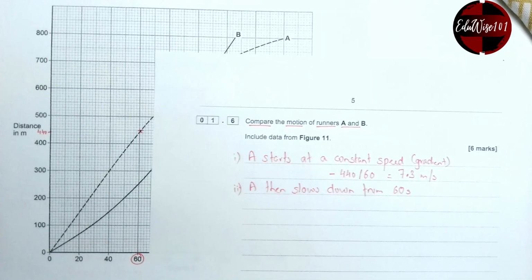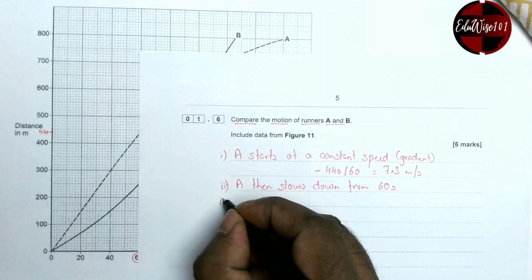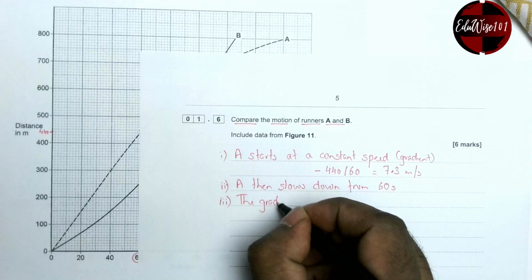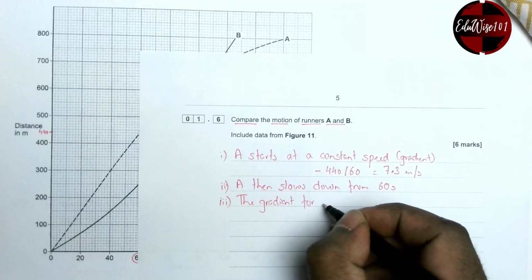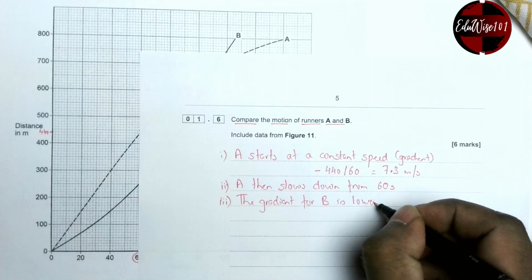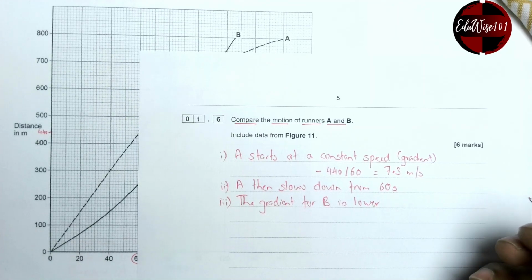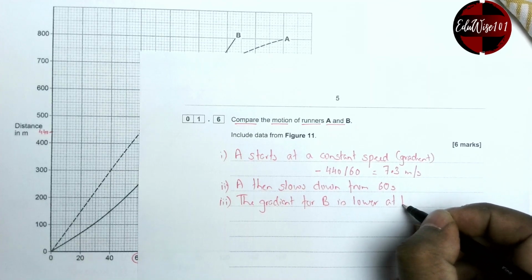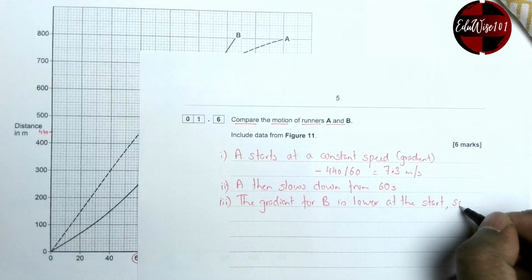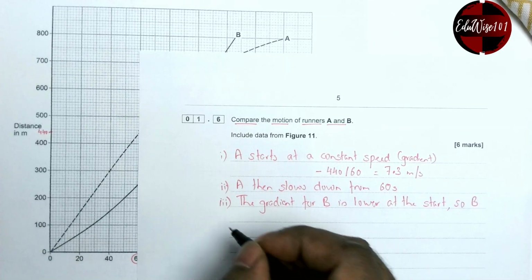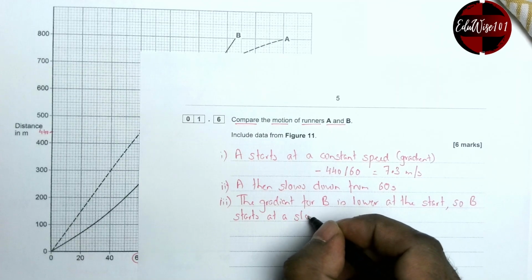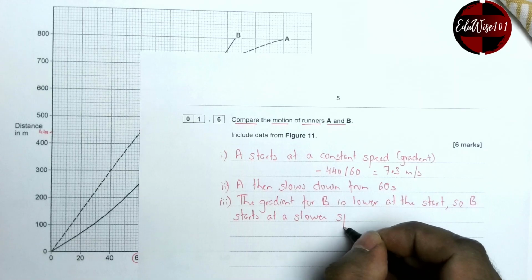So the gradient for B is lower at the start, so B starts at a slower speed.